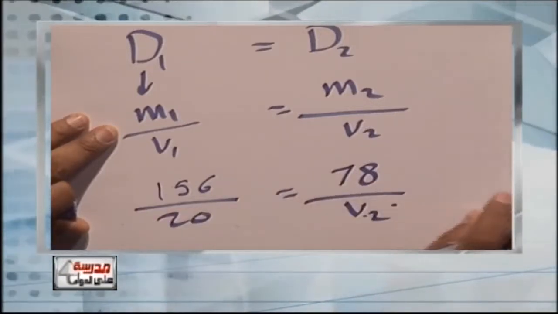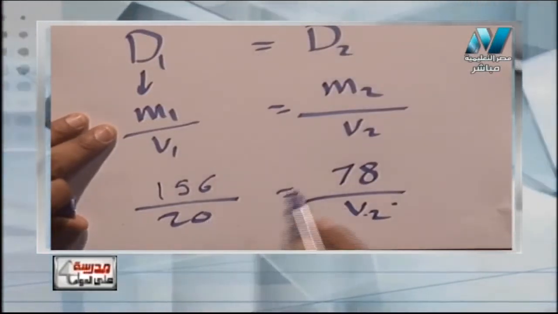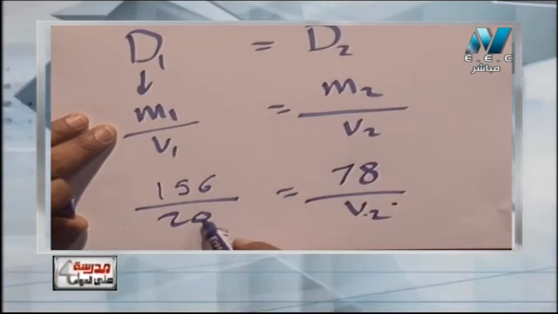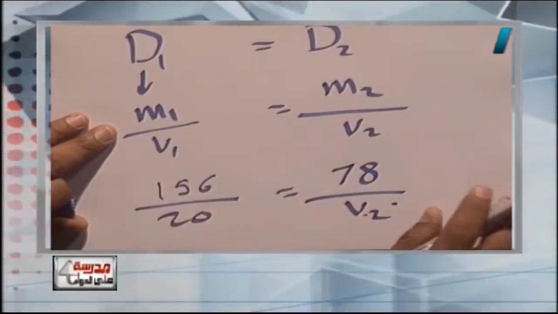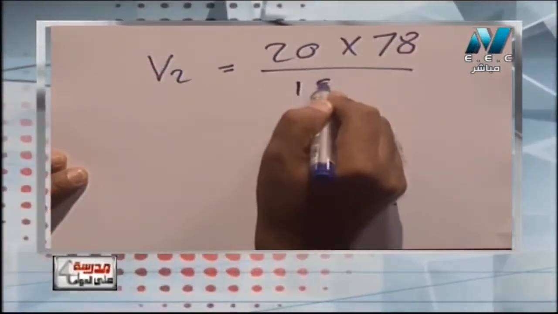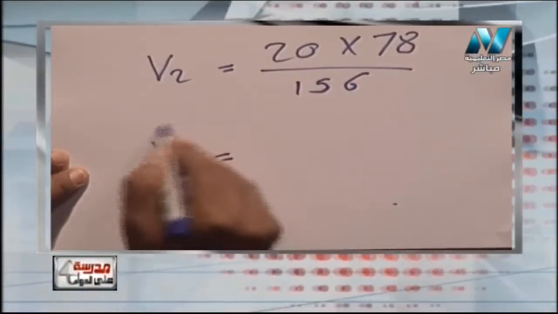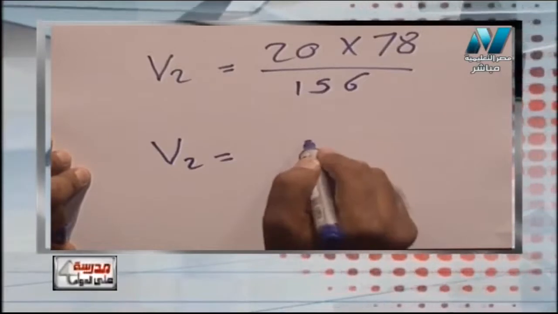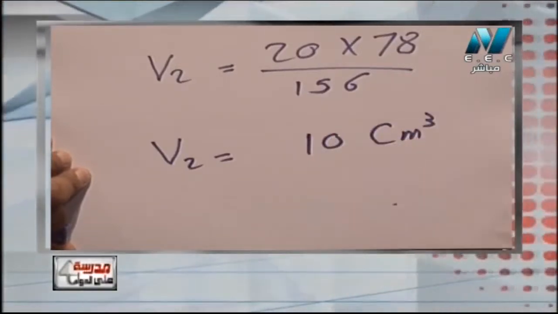By cross multiplication, V2 equals 20 times 78 divided by 156. So the answer: V2, the volume of the second piece of iron, equals 10 cubic centimeters.